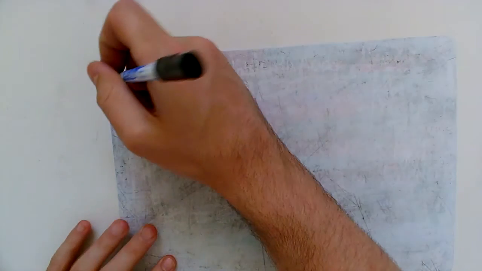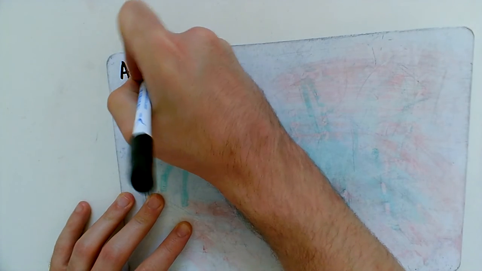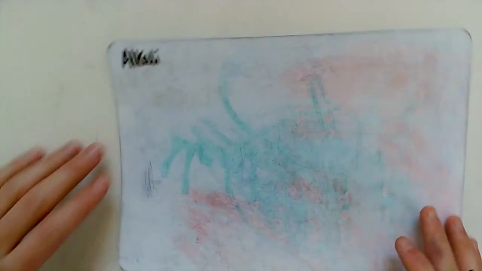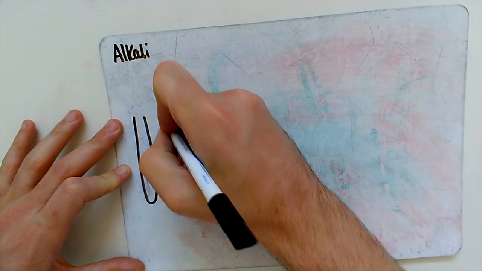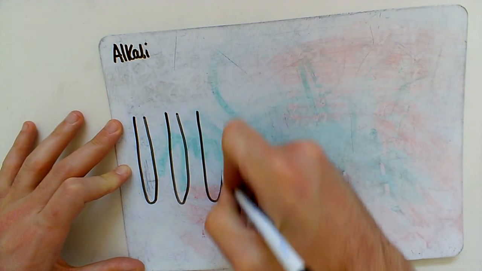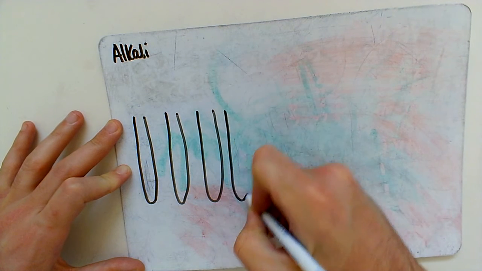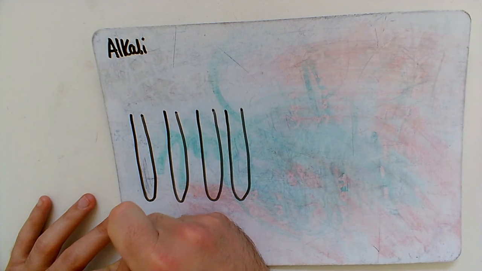Now if we do the same thing, but with an alkali, well, it's just the opposite way around. So we have, for an alkali, if we start at pH, maybe we start at pH 14.